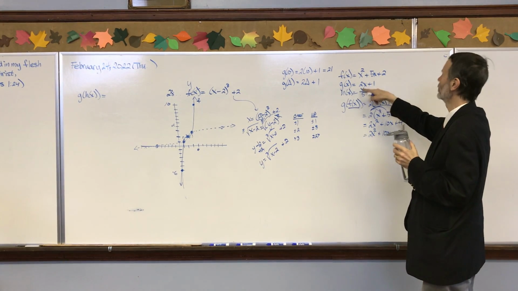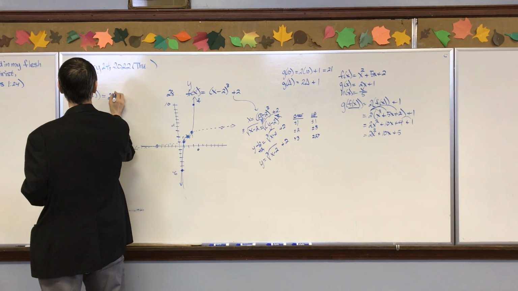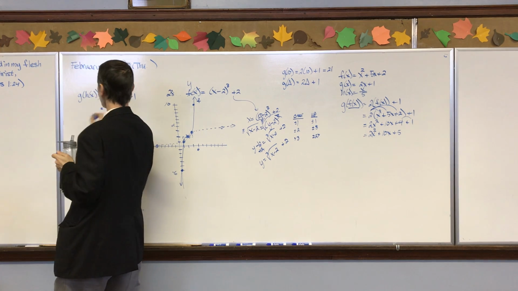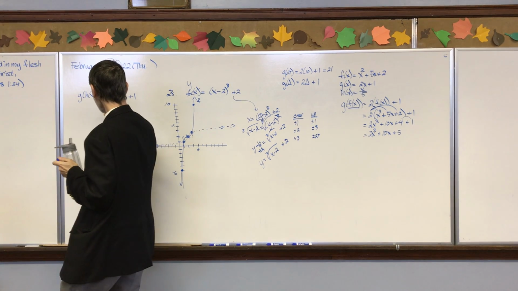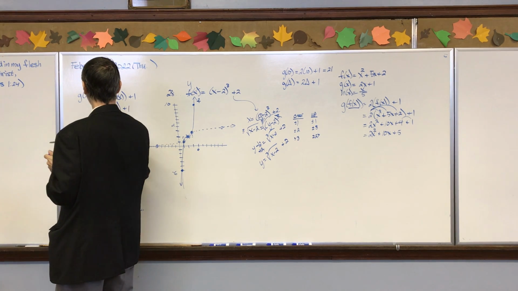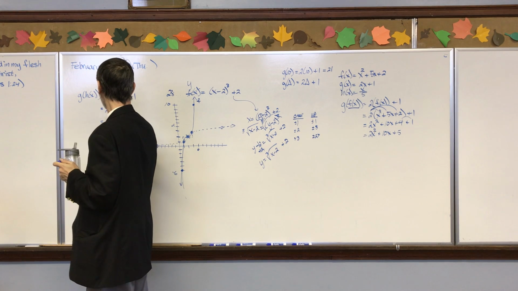Yeah, it multiplies by 2 and adds 1. Do that. It's 2 times h of x plus 1. What's h of x? X over 5. What's 2 times x over 5? 2x over 5.